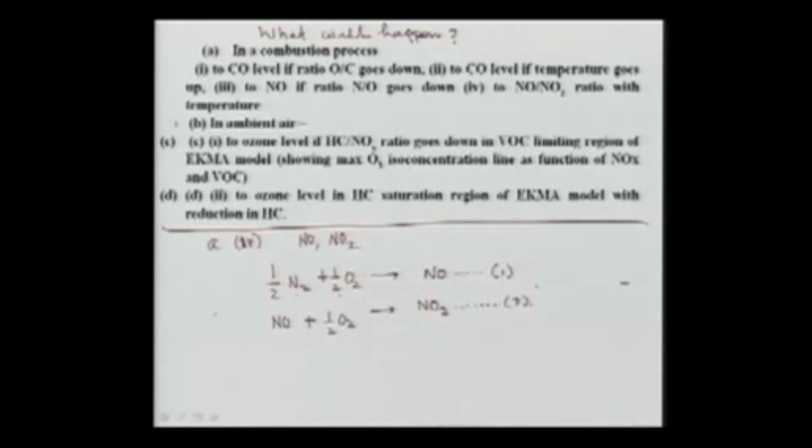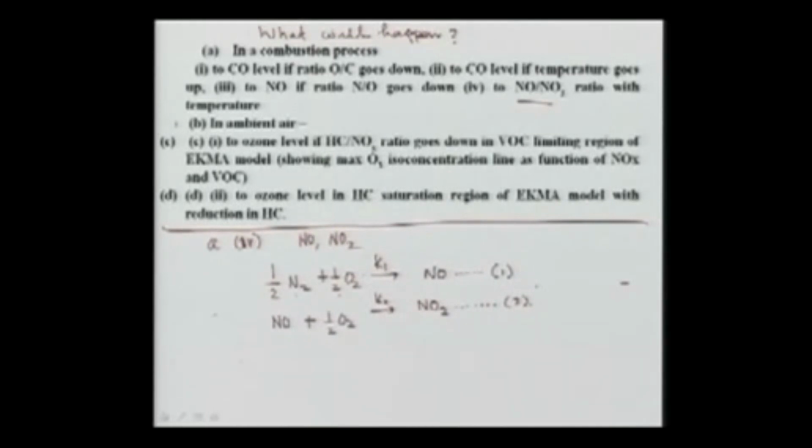So I'll write the equilibrium constants separately for equation 1 and equation 2. Suppose the equilibrium constant for the first is K1 and for the second is K2. What I am really interested in is the ratio of NO to NO2.